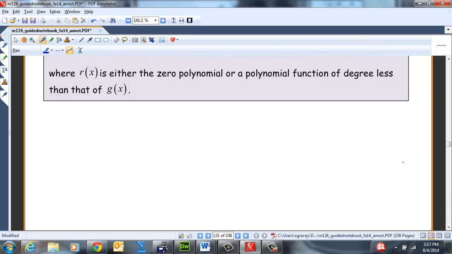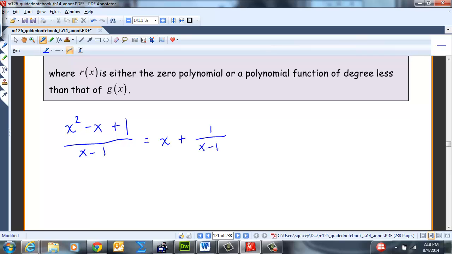So let's consider our problem from before. So our warm-up problem was x squared minus x plus 1 divided by x minus 1. And what we got, if you recall, was x plus 1 over x minus 1.